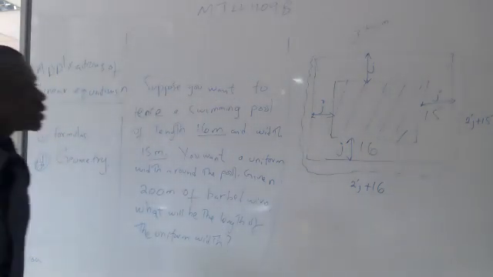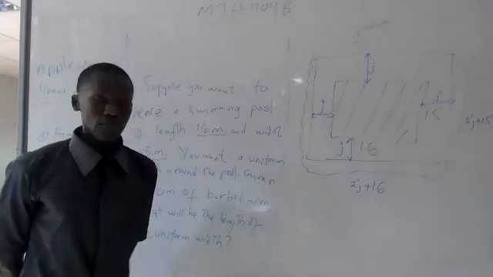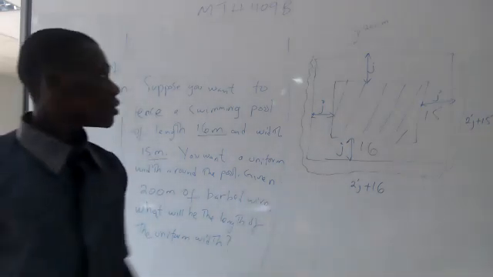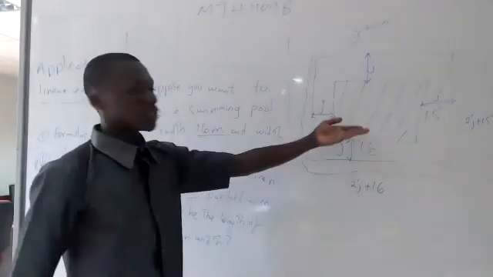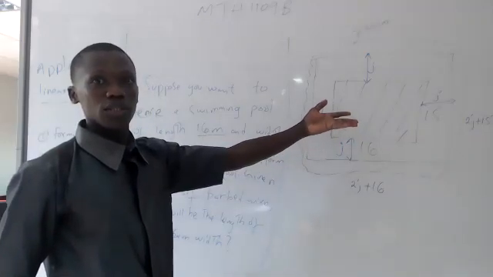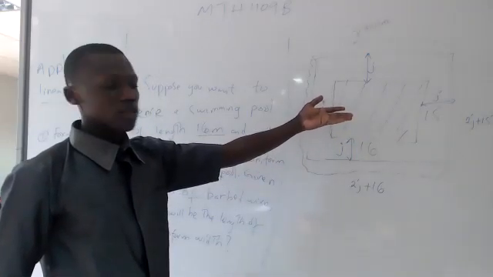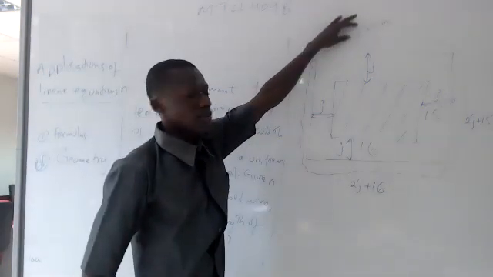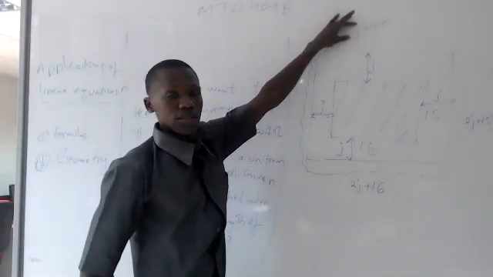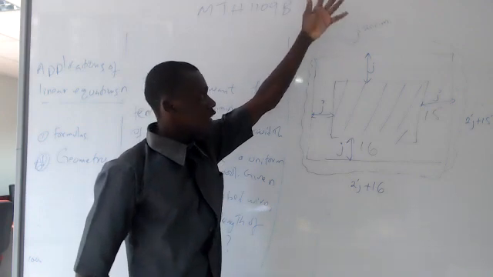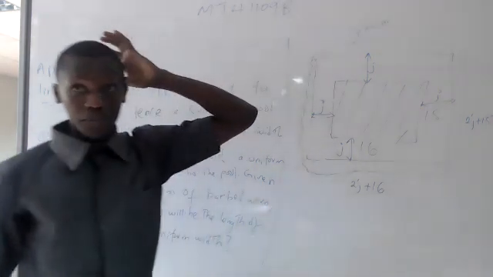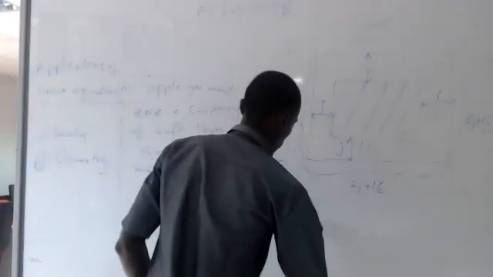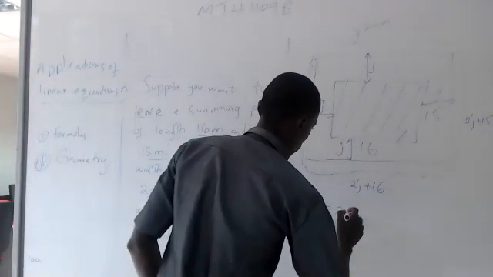Now, what do you do with this? What kind of geometric shape is this? It's a rectangle. And what is this 200? The perimeter. So how do you find the perimeter? 2 times the length, 2 times the width.